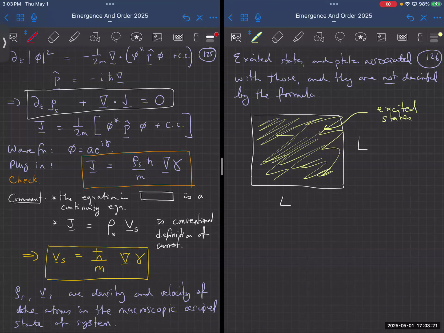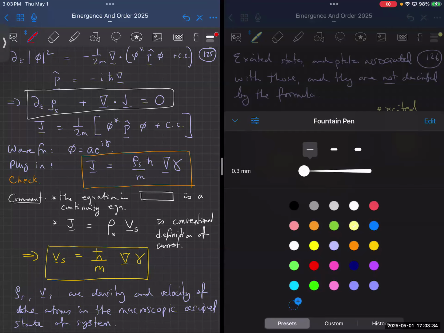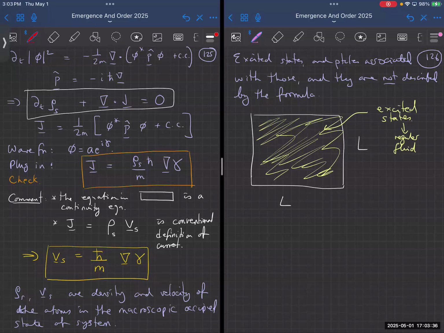They're particles, they have no funny quantum mechanical stuff, so they behave just like a regular fluid. But also in the same place, at the same points in space, there's also the condensate, the macroscopically occupied quantum state.